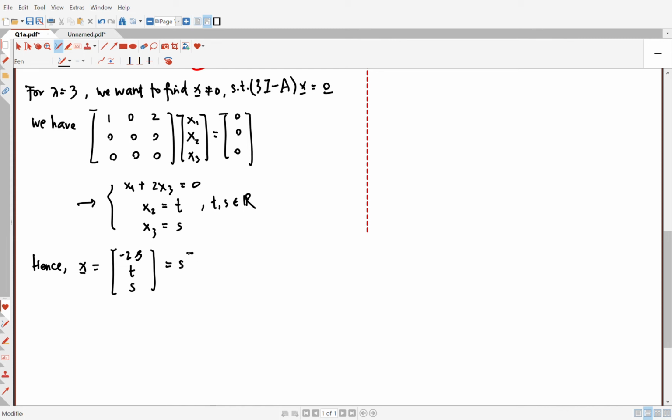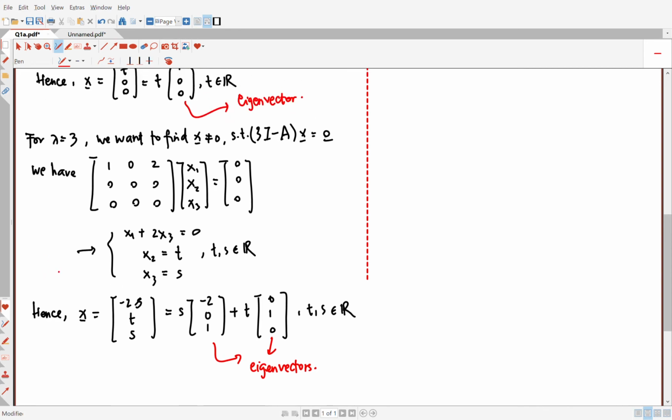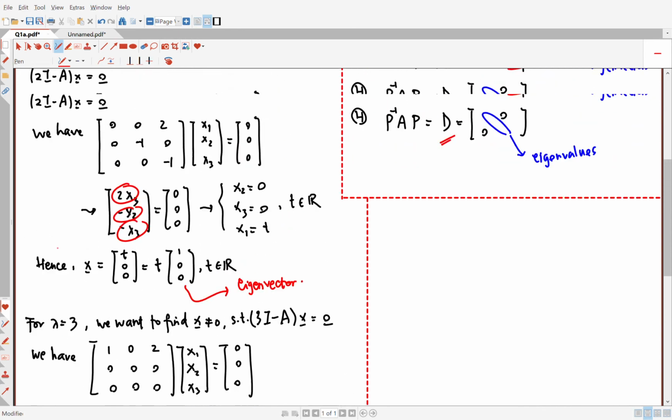I take out my s: s times minus 2, 0, 1 plus t times 0, 1, 0, where s and t are just real numbers. We can pick these two as my eigenvectors.